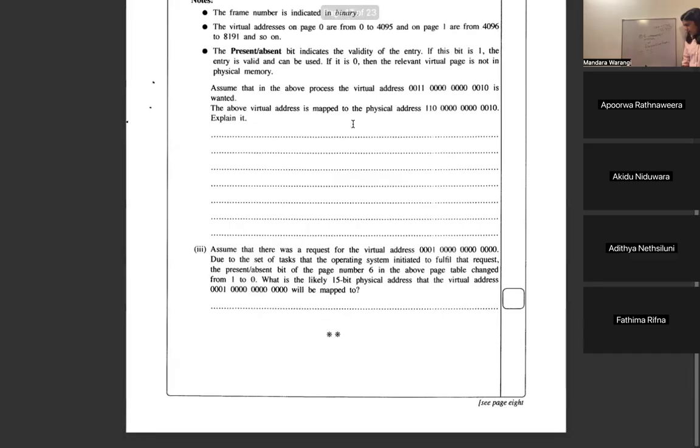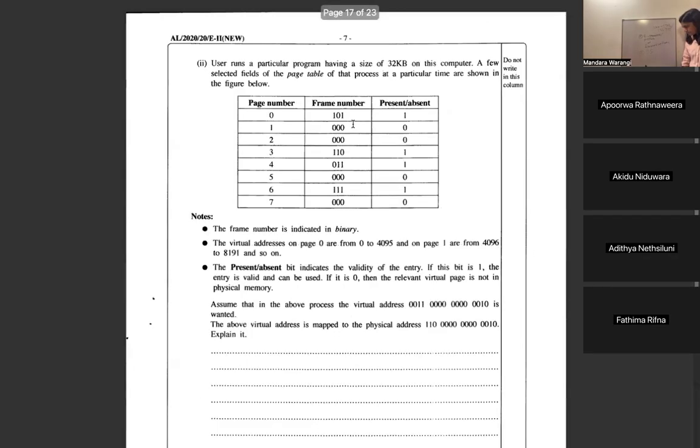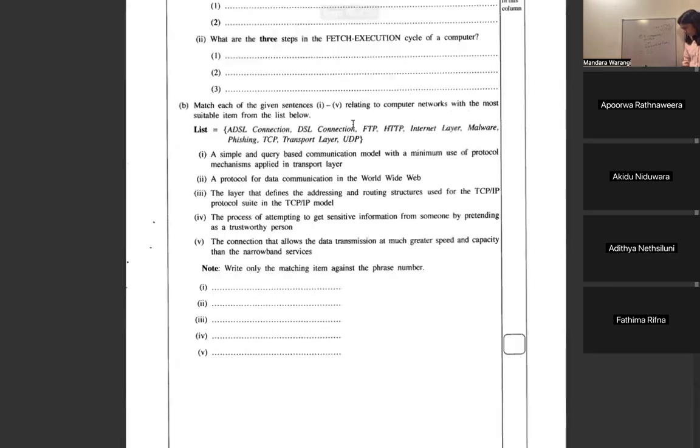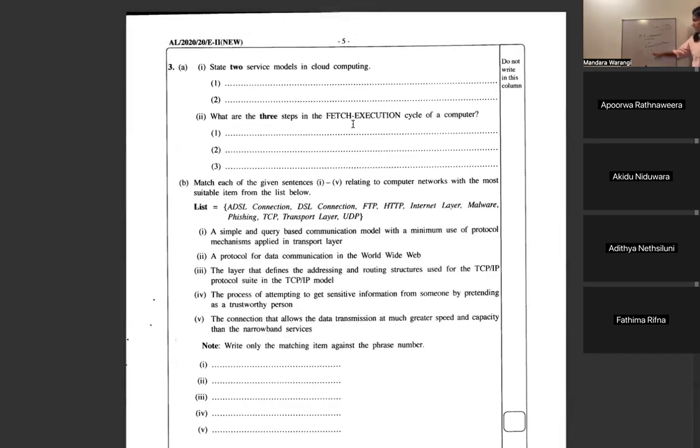And this is the fourth question. The third question is from this, and the fourth question is from OS, right? This is how the 2020 paper was organized. Okay.